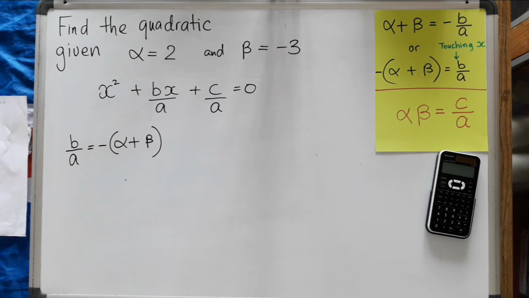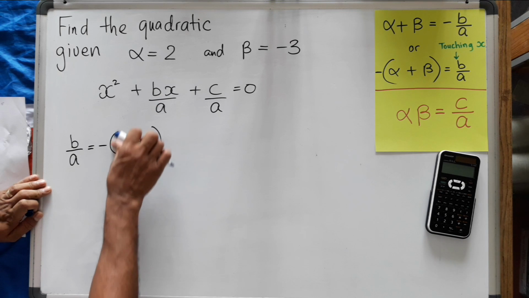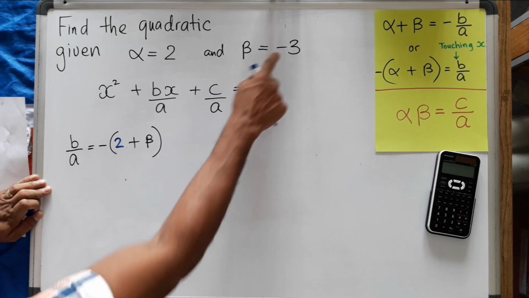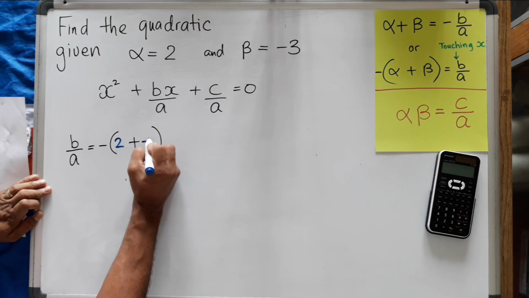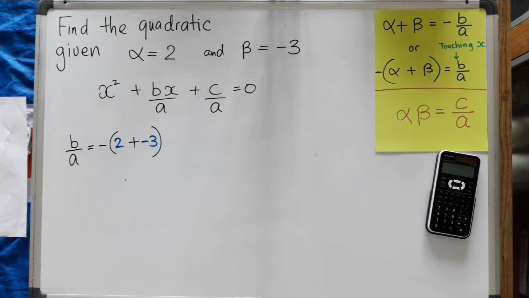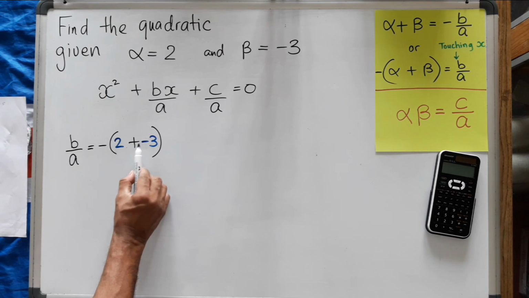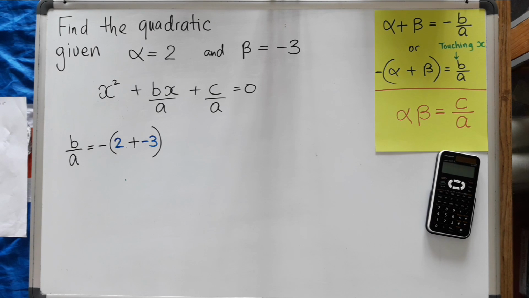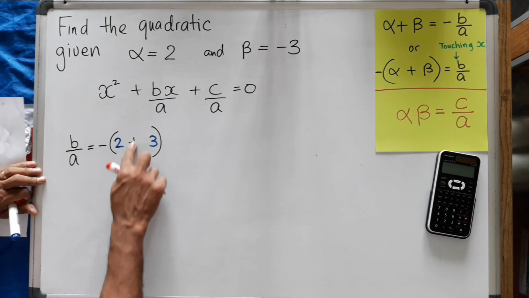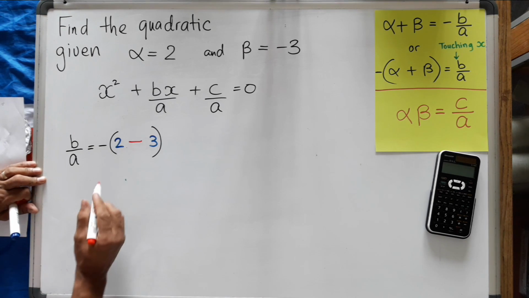So we have a formula to work with. How much is alpha? Alpha is 2 and beta is minus 3. And you notice what happened inside the brackets? A positive met up with a negative. We all know when a positive and a negative meet, you ultimately get a minus. So erase that and put a minus.